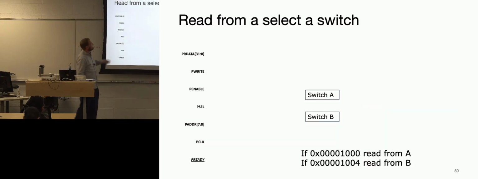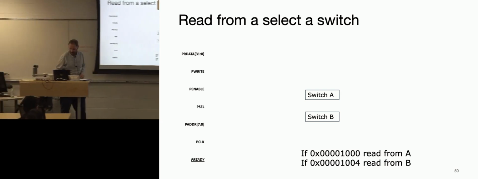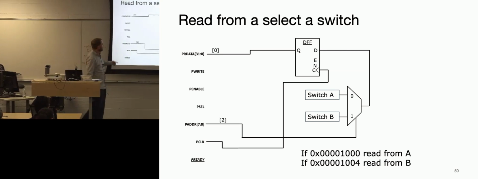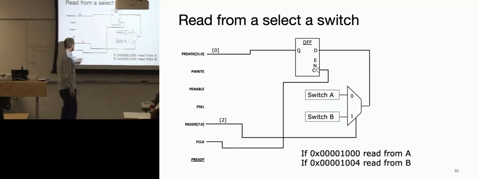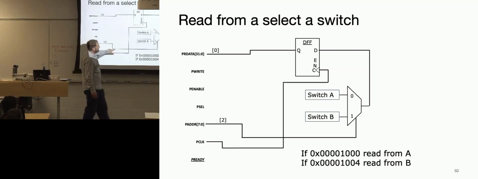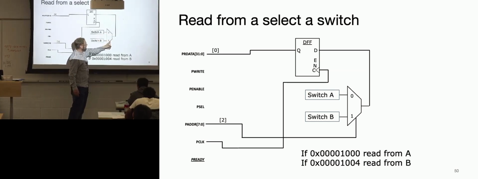Then we can have one more condition. What if you want to read between 2 different switches? We'll make it a simpler case and not worry about metastability for a second. We have to be able to select. How would you select? Let's use the address. We'll use the second bit in the address to control these 2 pins.